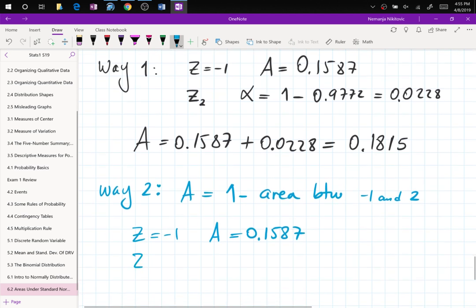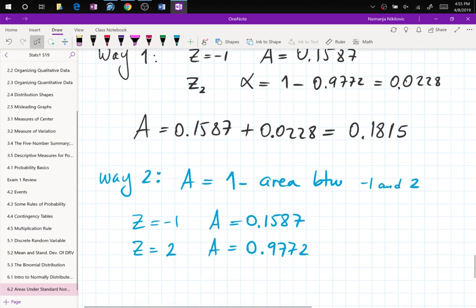Then we find the z-score for 2 to the left, which is 0.9772. And then we find the area in between, which is when we subtract, and that gives 0.8185.